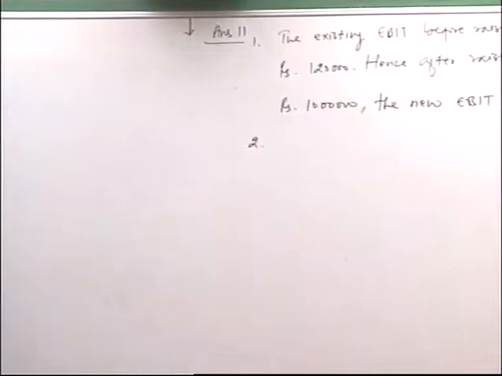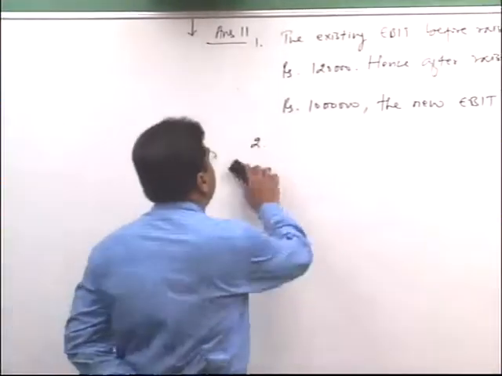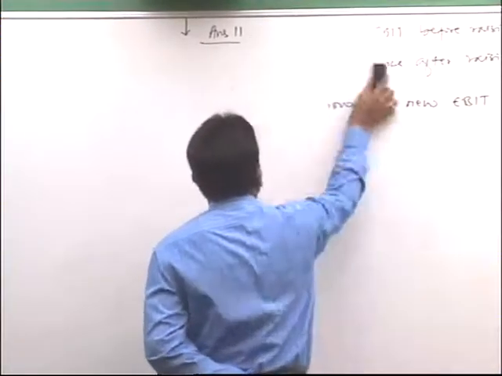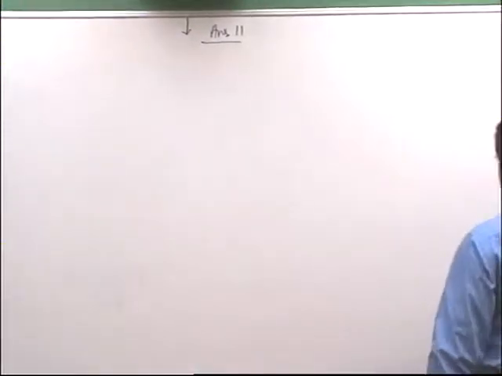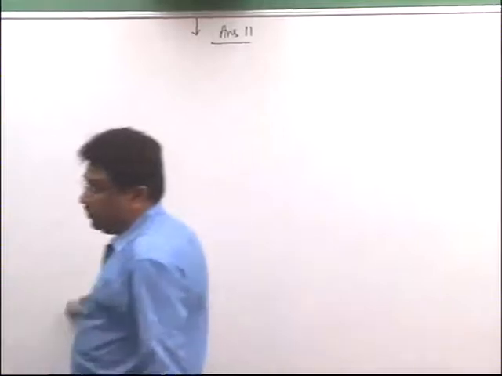Now, please draw 5 columns because there are 4 alternatives. So, draw 5 columns, 1 column for particulars and 4 columns for amount.